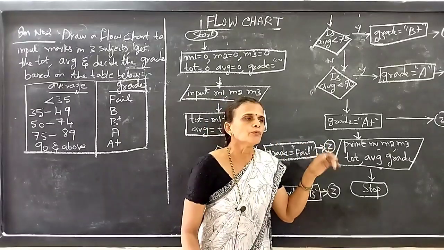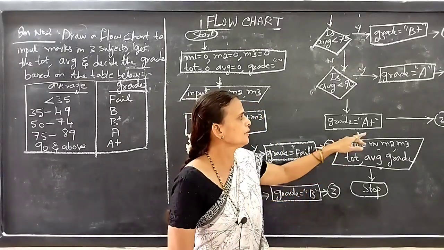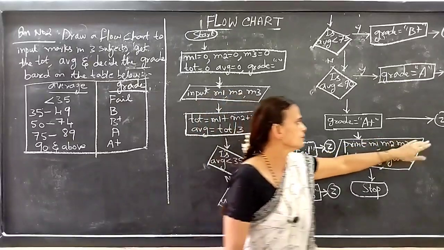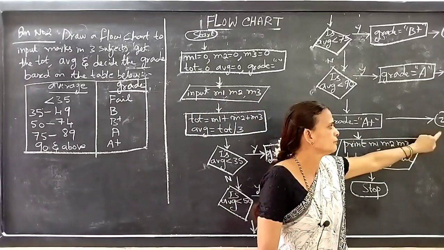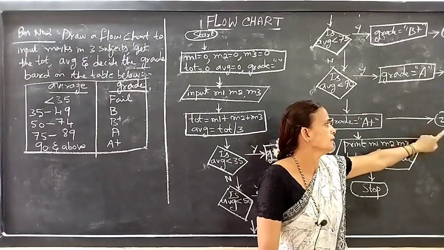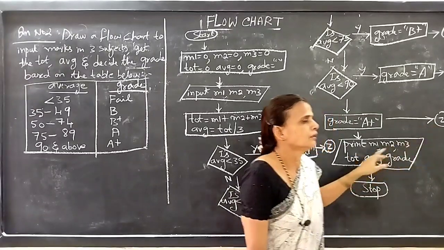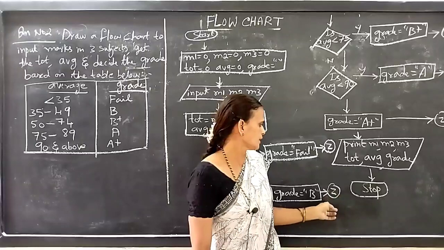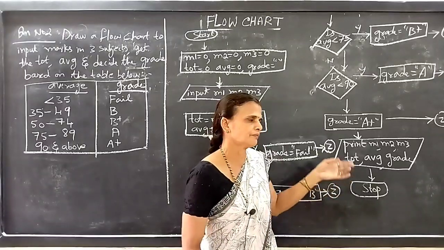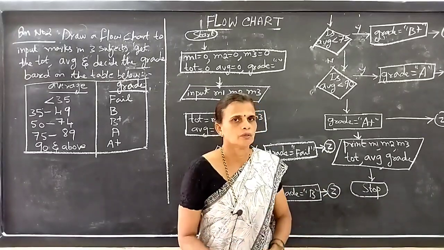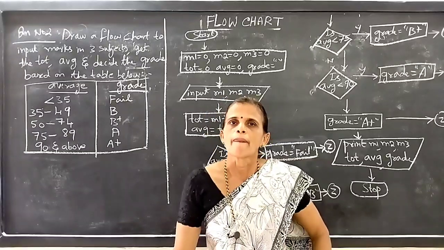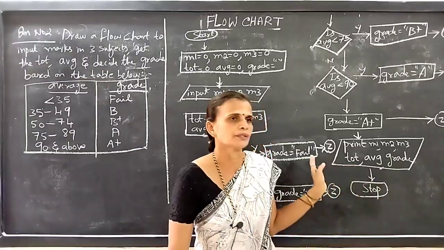One more thing to remember: if the connectors are labeled with alphabets, the flow chart continues to the next page, and if the connectors are numbered, they are within one page. So, understood children? I hope you have understood this.